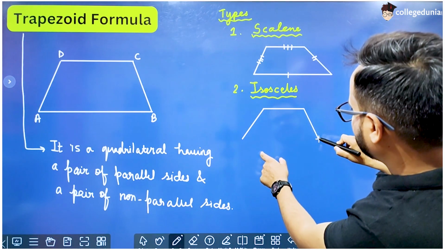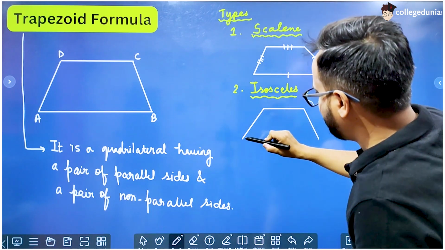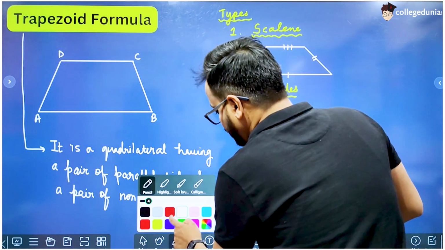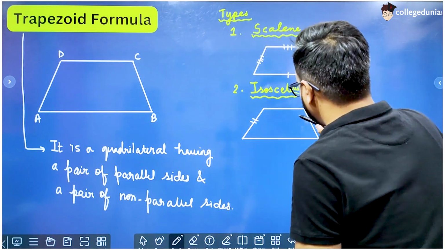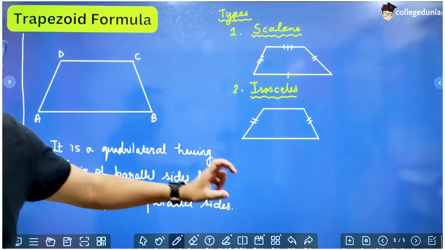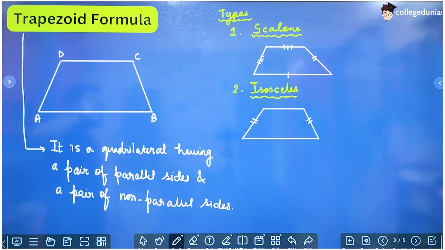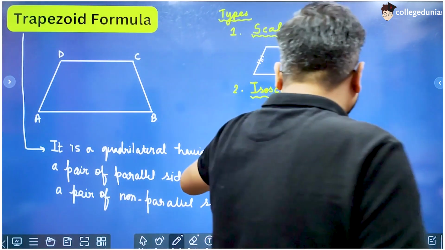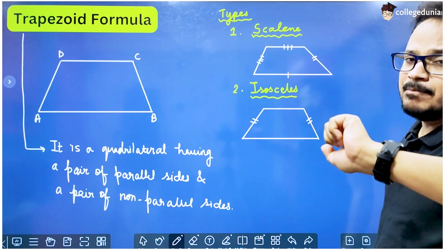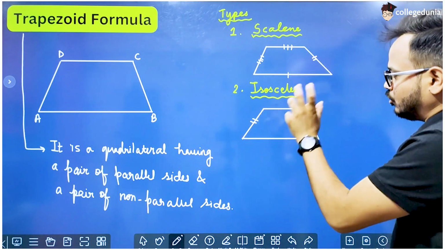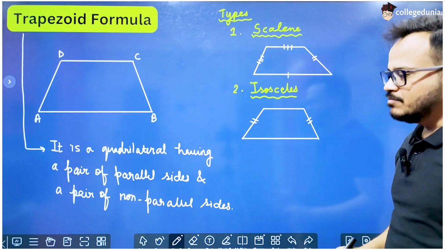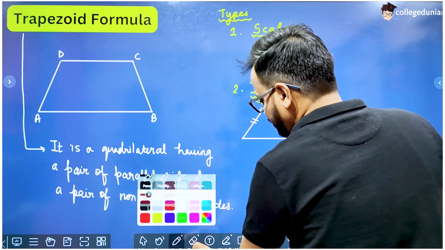These two sides are of the same length. So we cannot say that an isosceles trapezoid is something which has any two sides of the same length. No, if the length of these parallel sides is the same, then this will not be a trapezoid, this will become a parallelogram. So the length of these two non-parallel sides should be equal, otherwise this will become a parallelogram. So this is called an isosceles trapezoid.